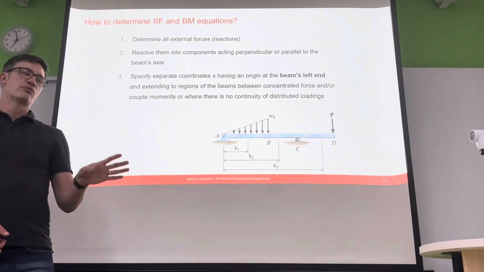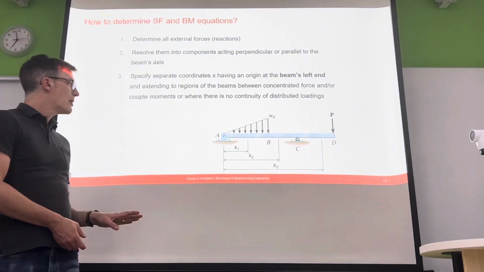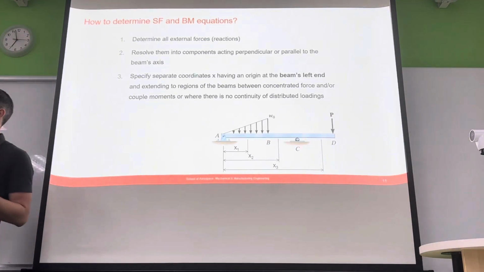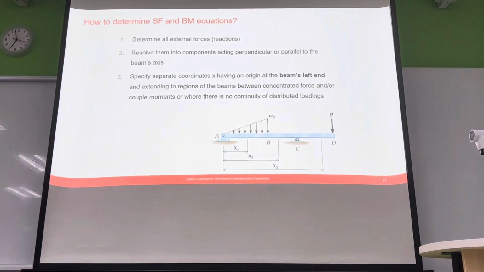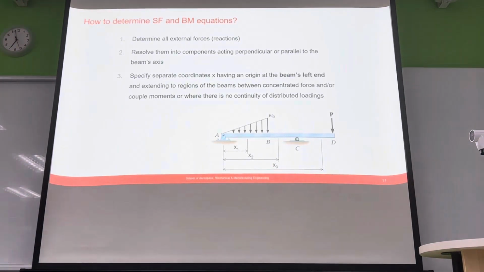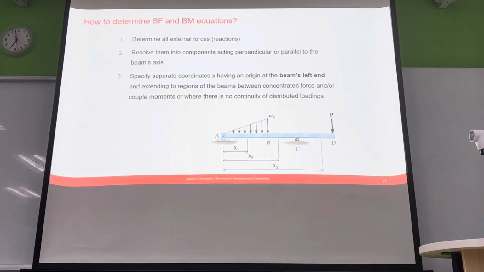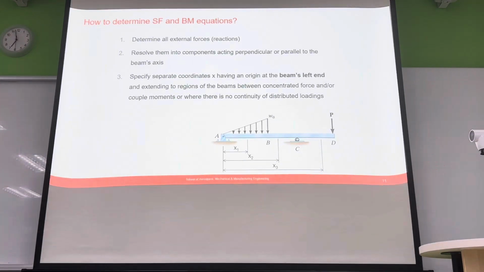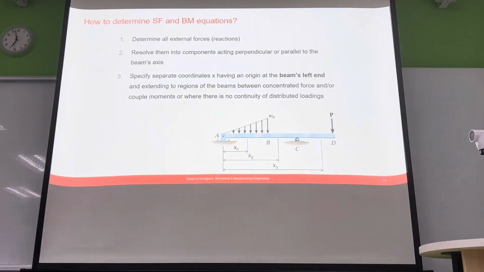If I just had one relationship, that would be nice and easy. The issue becomes that I'm going to have a reaction force here at A, and then I have this distributed load, not a uniformly distributed load, but an increasingly distributed load, and that abruptly stops.